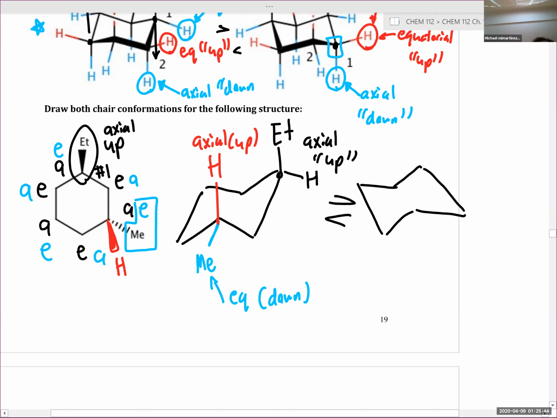So remember, carbon number 1 gets brought down, carbon number 4 gets brought up, and all of our axial and equatorial positions are now flipped. So our ethyl group is now at carbon 1 pointing up, so it's equatorial.